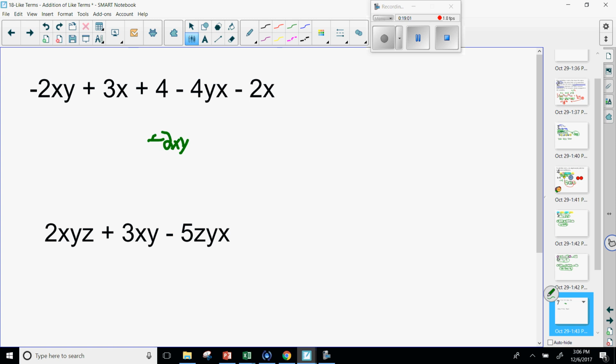Here, I'll erase it for you. It's okay. We got it. Okay, so what do you get when you group those two together? Negative 6xy. Yeah, xy. Okay, and so now you want to do 3 minus 2x.